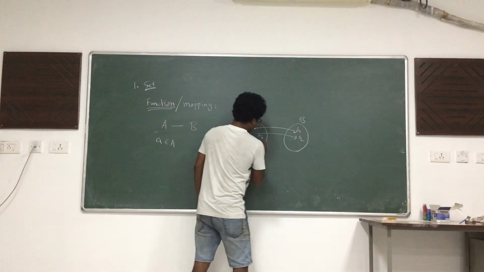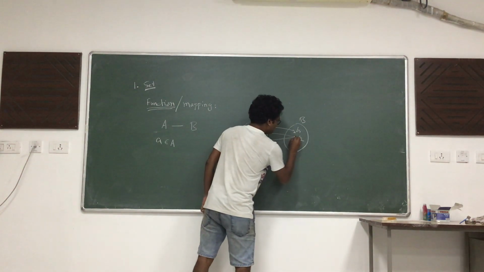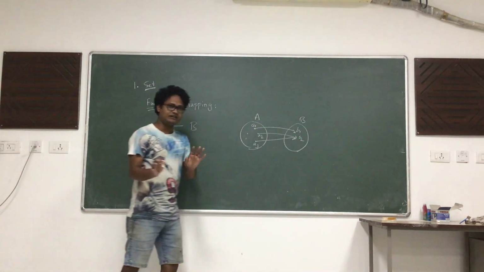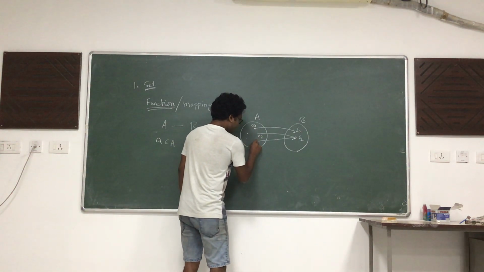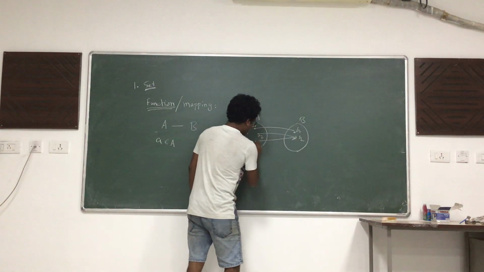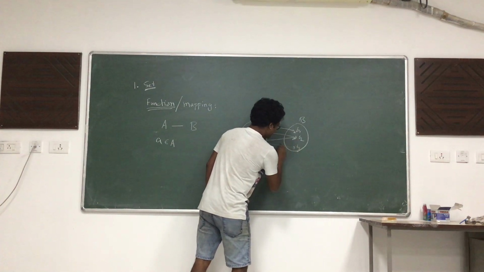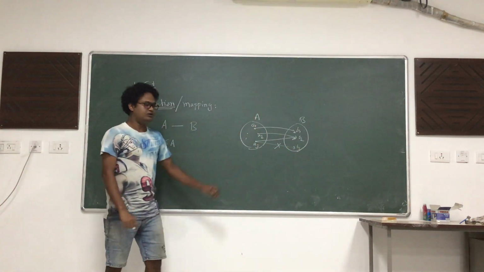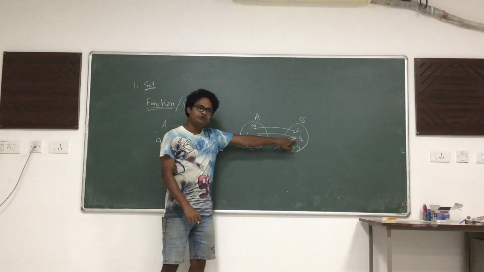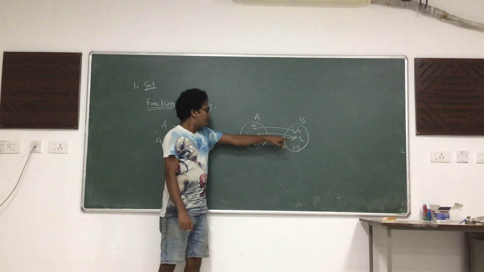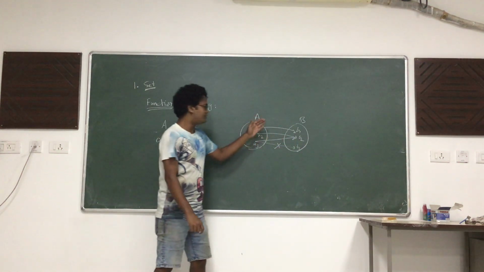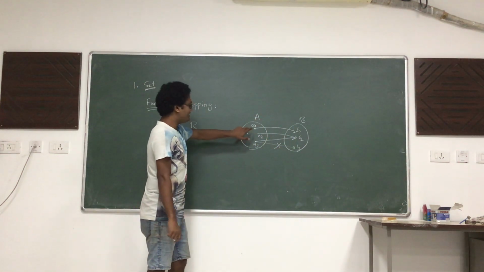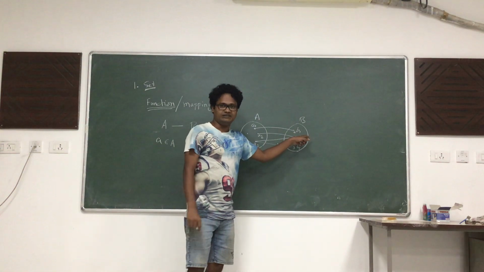So you may point this A3 to B2 as well. That's allowed. But what is not allowed is A3 pointing to B2 as well as B3. This is not allowed. Okay. So one element will point to one element here, but two elements can point to the same element here. Okay. So that's the rule of assignment, and every element has to be assigned.